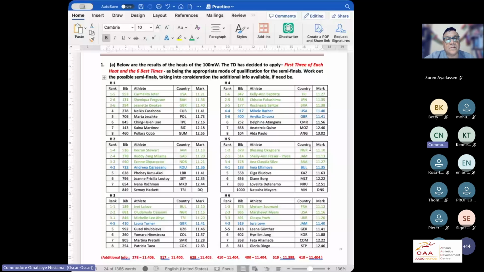What I did was to pick the fastest time in the heat that came before the second person. And from the table, it was heat 3, where we have 189. I brought her up, and then the next fastest time came up in heat 5.